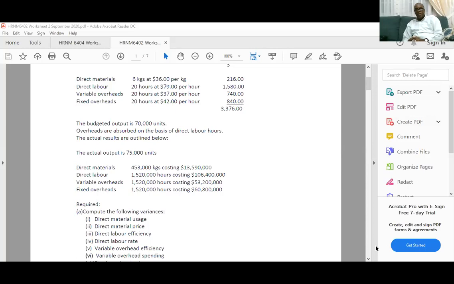And so you're looking at the efficiency that comes out of your variable overheads. You're looking at what you plan to spend, your hourly rate as a plan, versus what you actually spend for your variable overheads, as measured in your variable overhead spending variance. Have I shed any light? Yes, thank you.